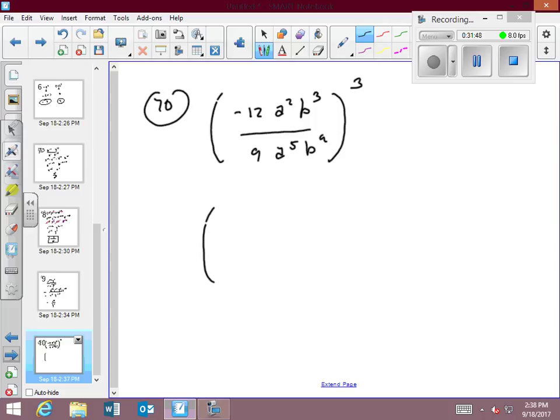If you did minus 1 times 2 squared times 3, is that minus 12? Minus 12 is minus 1 times 2 squared, which is 4, times 3. 4 times 3 is 12. Okay? Then it's a squared b cubed, and the 9 in the denominator is 3 squared.